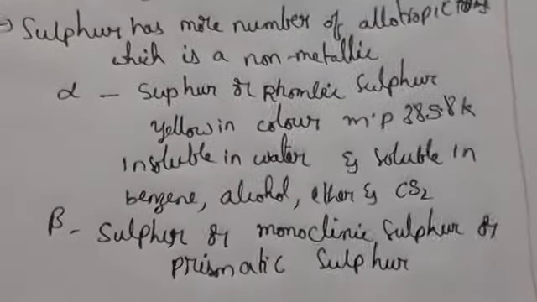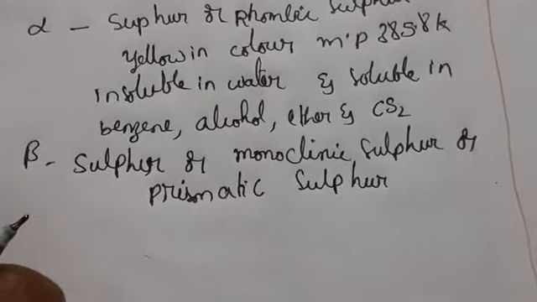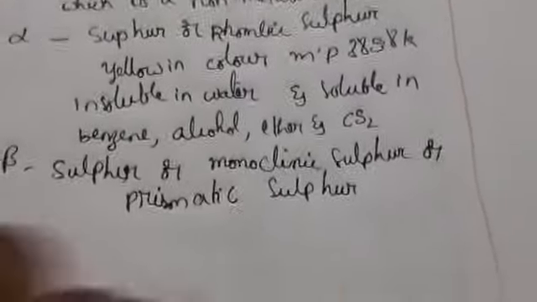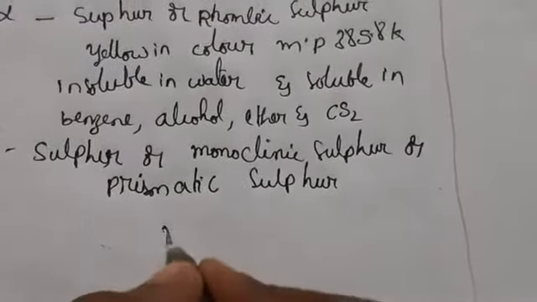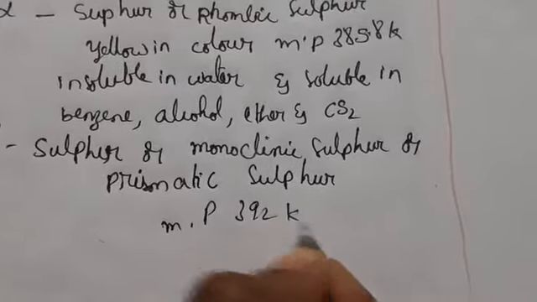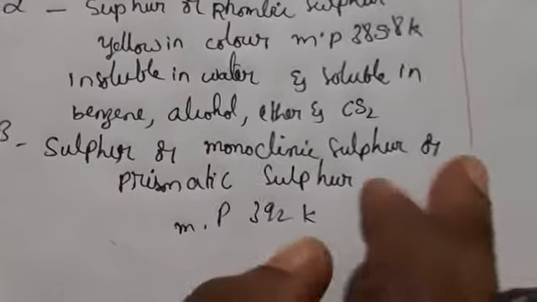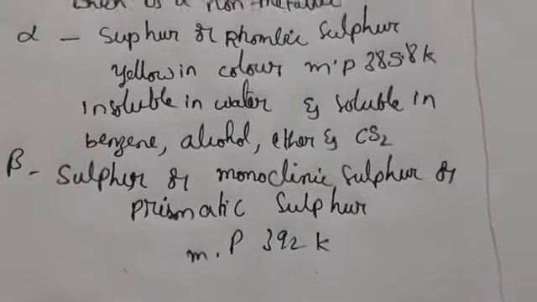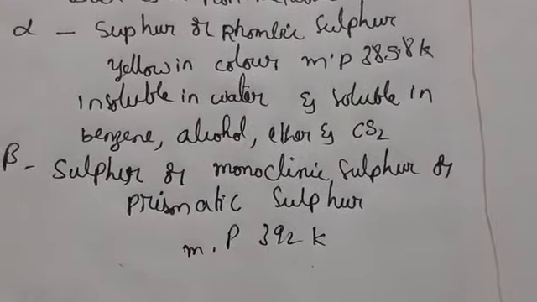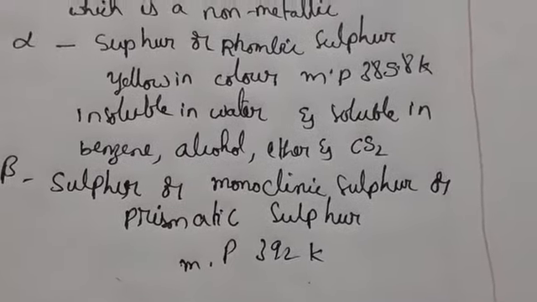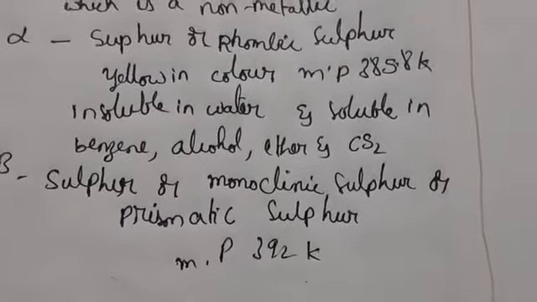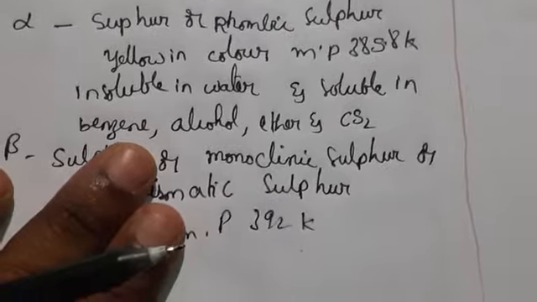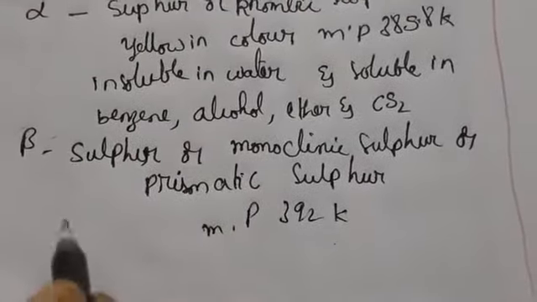It has a melting point of 392 Kelvin and a specific gravity of 1.90. It is also soluble in CS2. This form is prepared by melting rhombic sulphur in a dish and cooling until a crust forms. And we also have gamma sulphur.